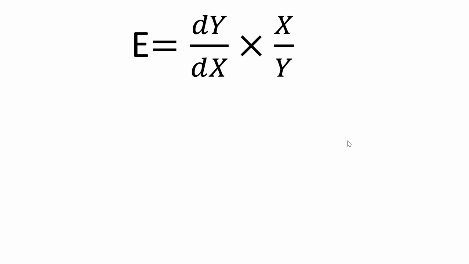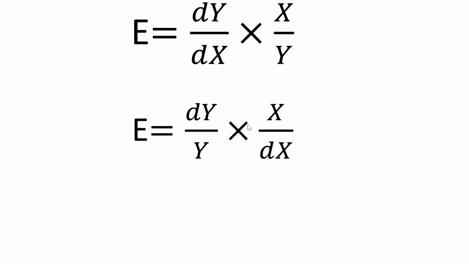We are going to look at the last way in which we may be asked to find elasticity. Now, this formula with calculus, let's try to do something. What I've done is that I've interchanged the denominator.